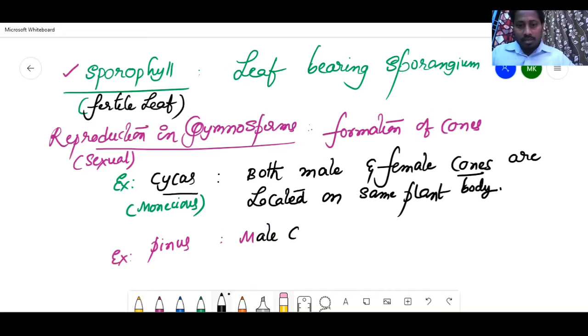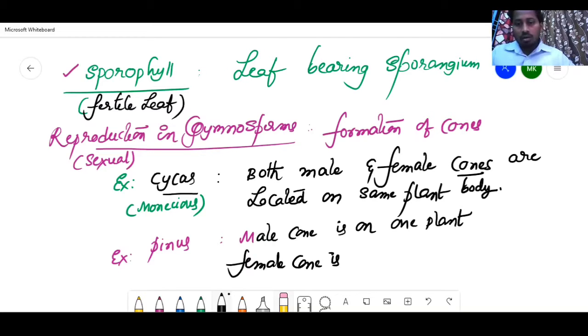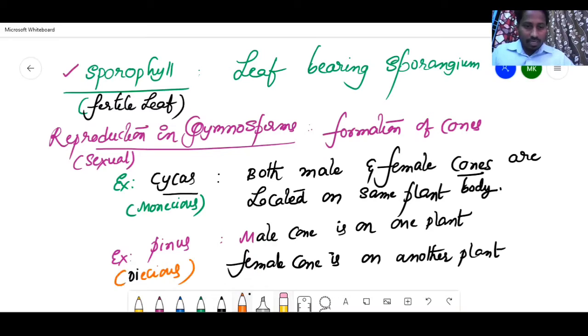The male cone is on one plant, and the female cone is on another plant of that pinus. So this is dioecious. This you should understand first.